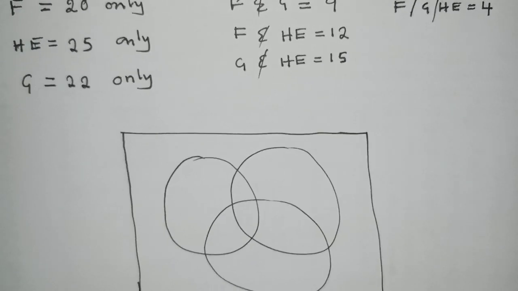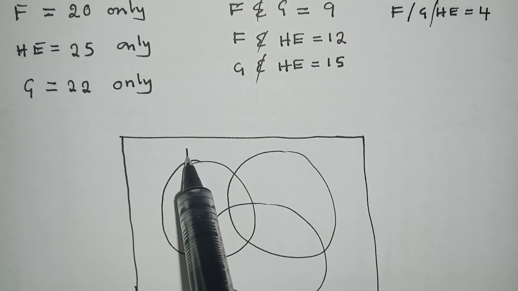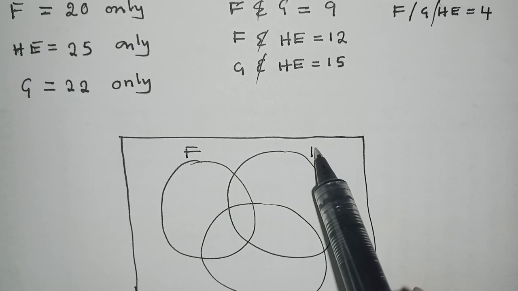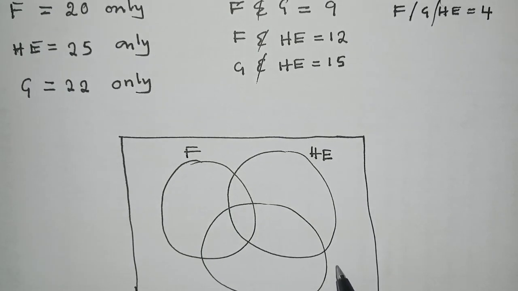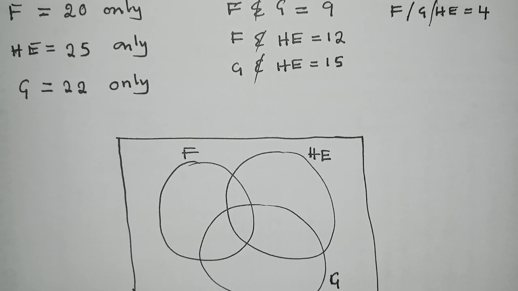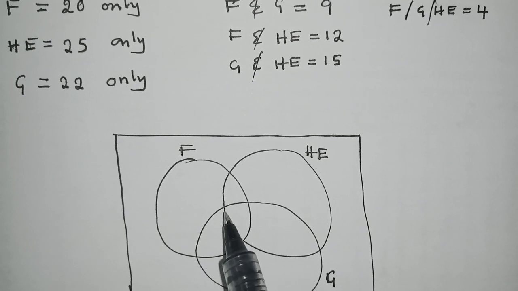Just like that. And we say this is the F, standing for French. This is HE. This is geography. So what we normally do here, we start from the intersection of all the sets.